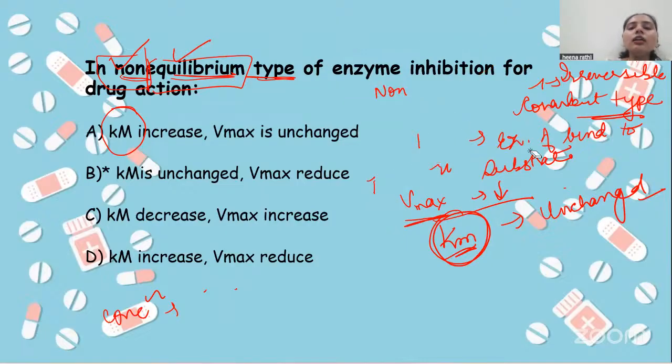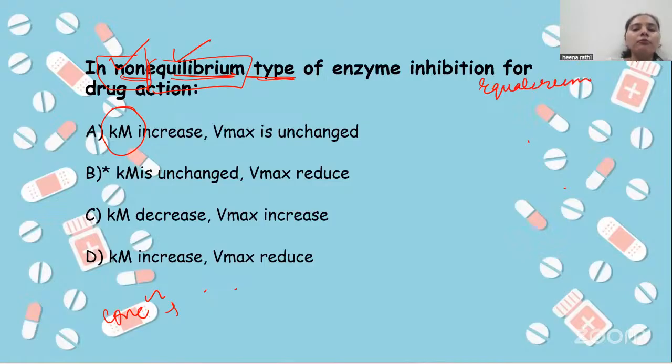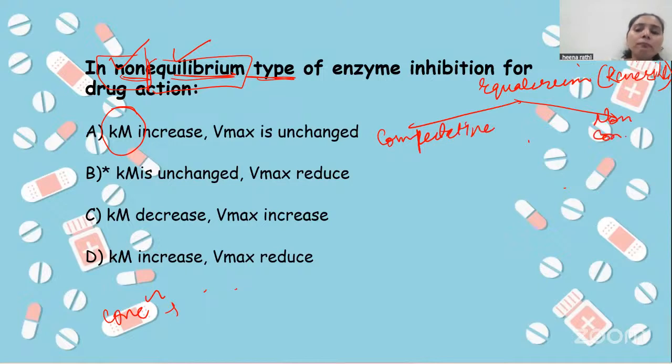Suppose it is the equilibrium type of enzyme inhibition. In the equilibrium type, we can have two types of enzyme inhibition. Equilibrium means it is reversible, when it is not bound with a strong bond. So it can be a competitive type and it can be non-competitive type.